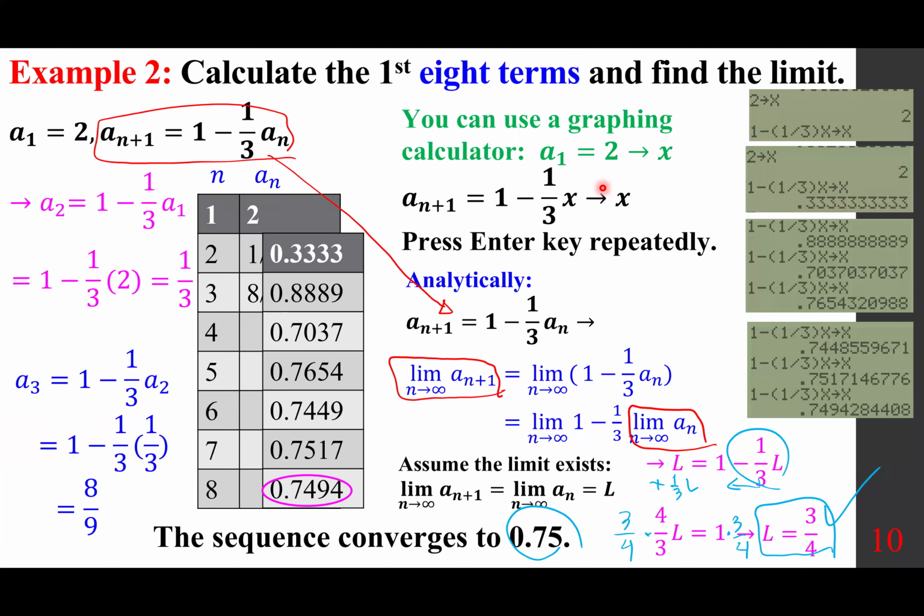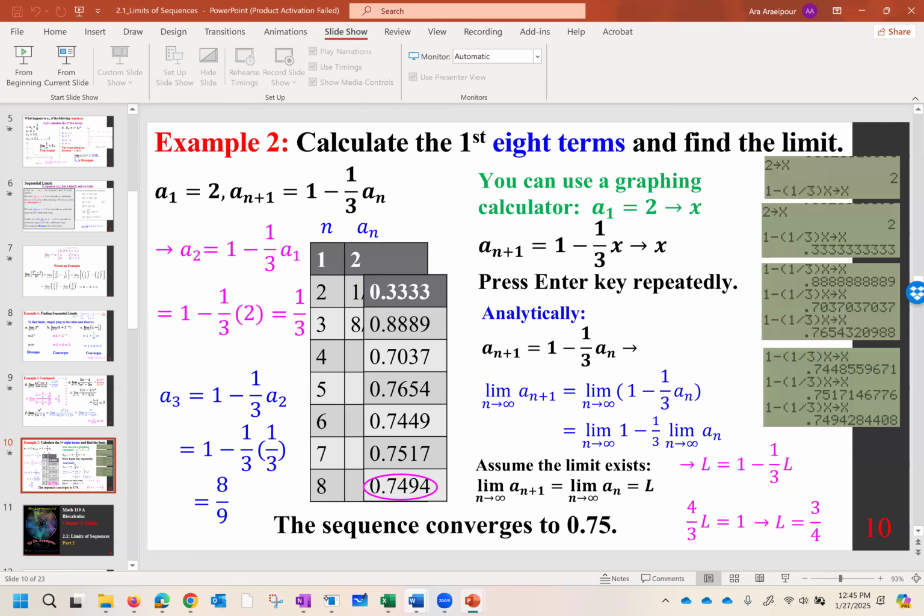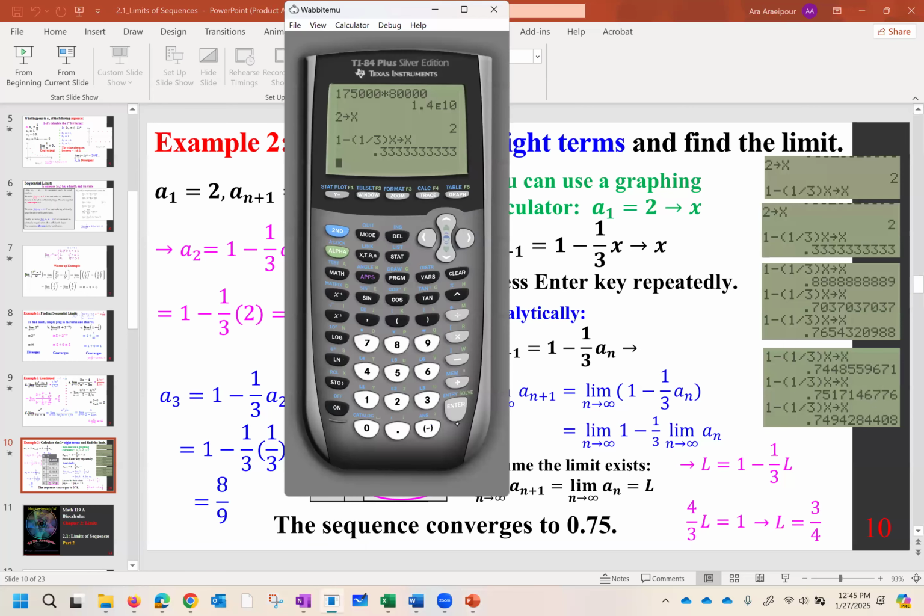And then if you press enter repeatedly, you get the next one, and the next one, and the next one. And this is it.